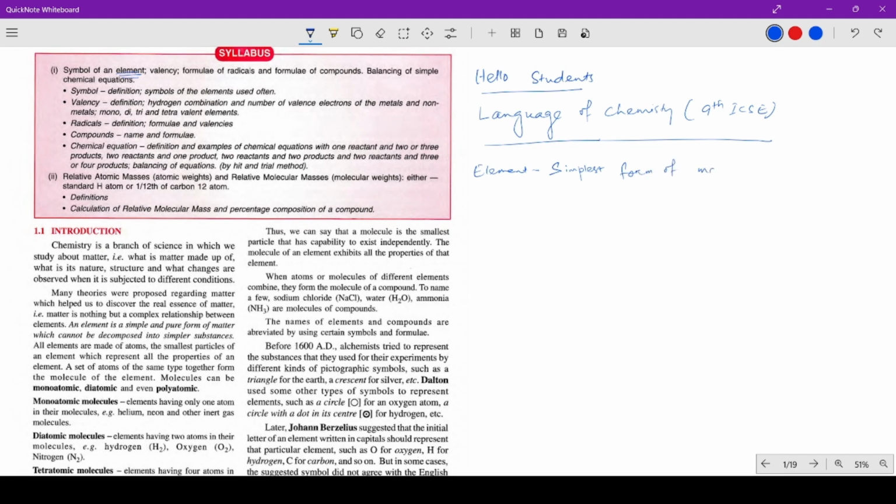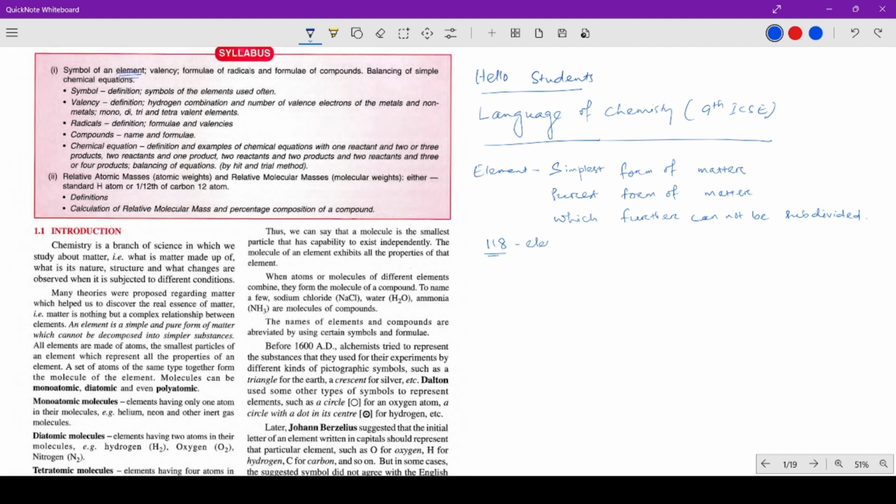Second, it is the purest form of matter, which further cannot be subdivided.